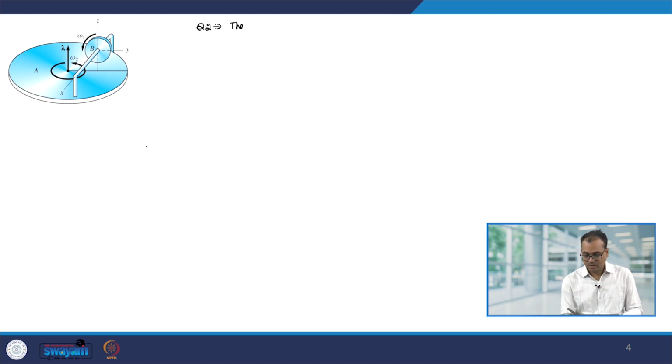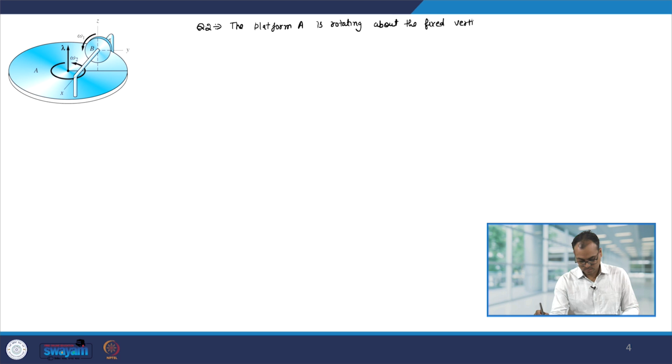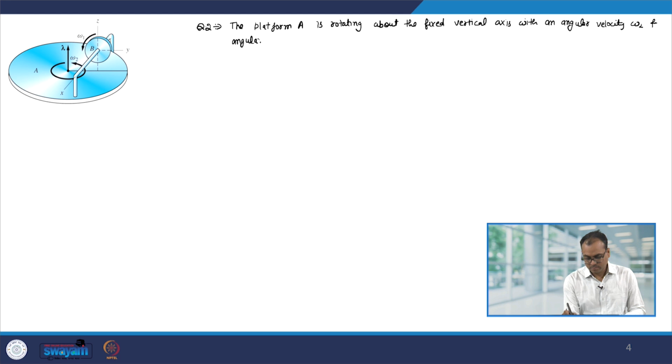The platform A is rotating about the fixed vertical axis with an angular velocity omega 2 and angular acceleration omega 2 dot.